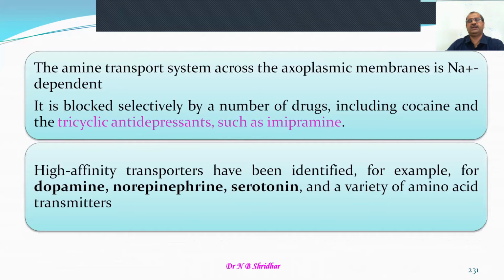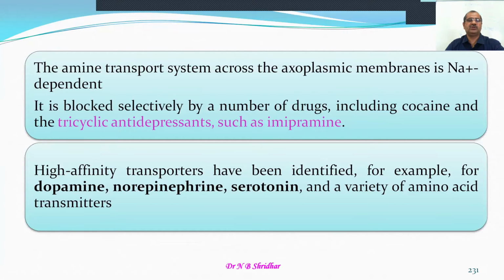The amine transport system across the exoplasmic membrane is sodium dependent, and this is blocked selectively by a number of drugs including cocaine and tricyclic antidepressants such as imipramine. Cocaine is an addictive drug.